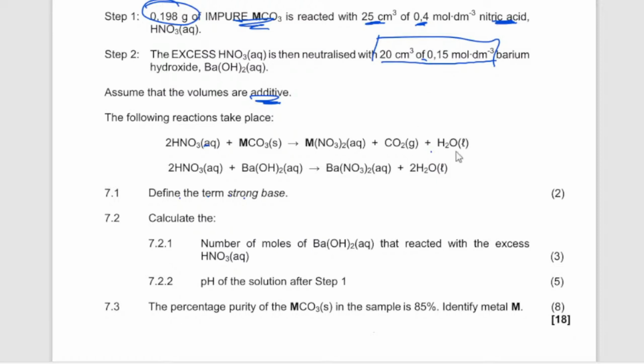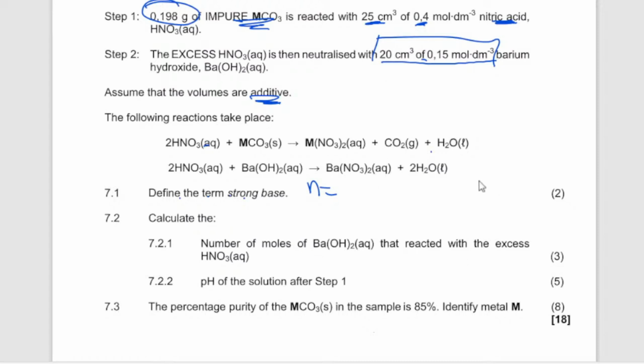How do we calculate that? So in this case, we're going to say that the number of moles of barium hydroxide is going to be equal to the number of moles of barium hydroxide that reacted with excess.